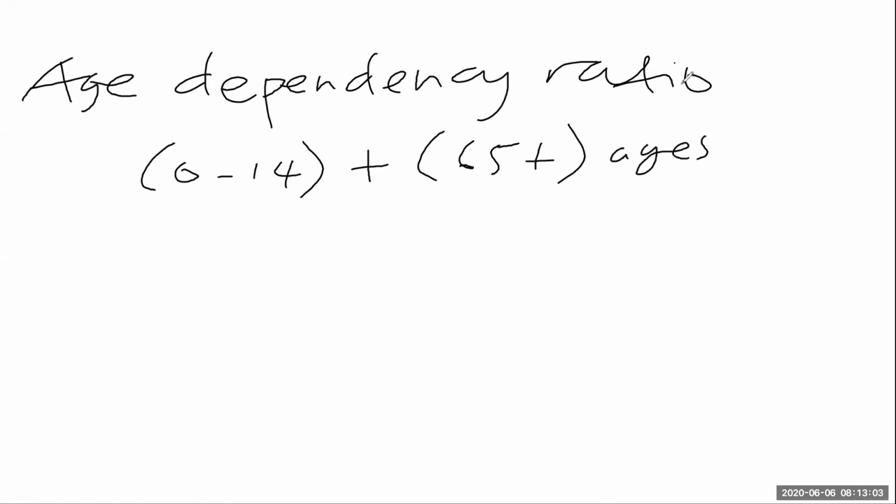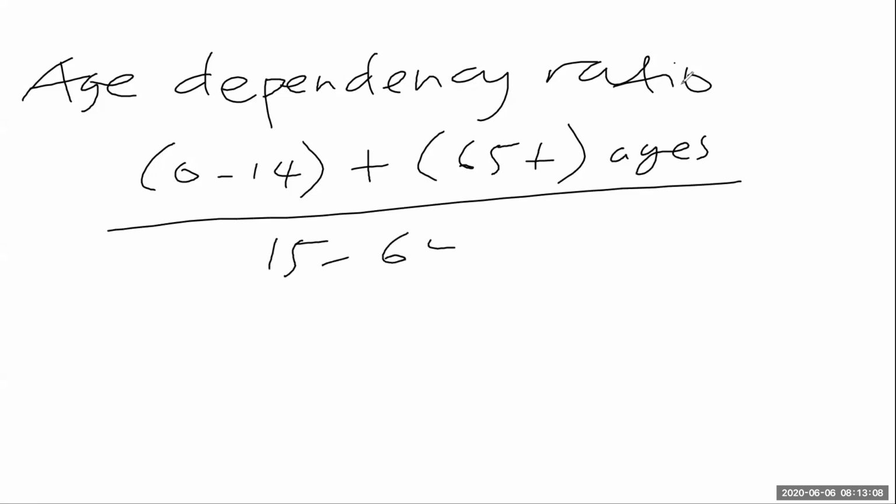And then you divide by the same group of people. So you realize that this is the active group, and this group of people work a lot. So you realize that the similarity is that you always divide by people who are ages 15 to 64, the working group.